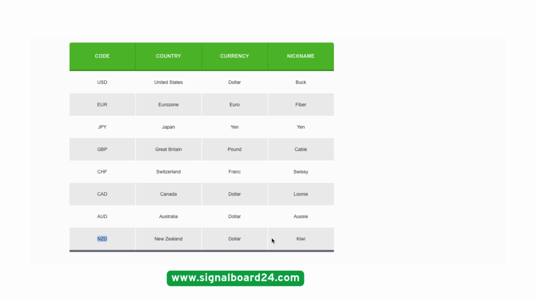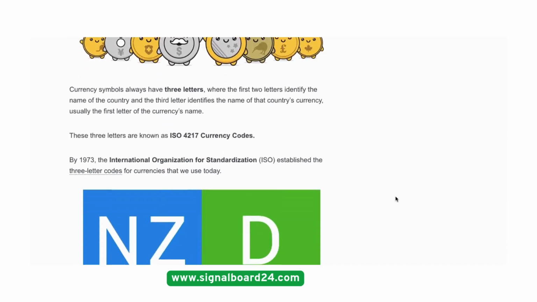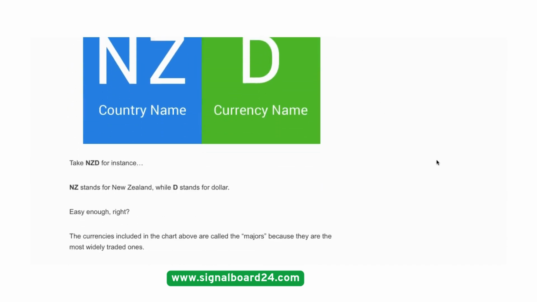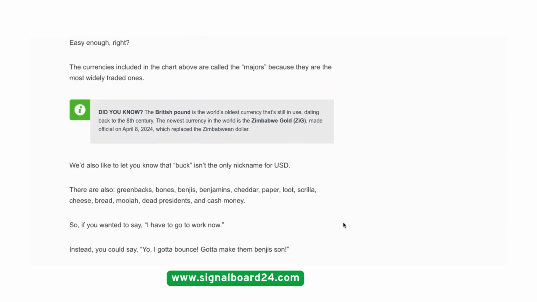The NZD is the New Zealand dollar, which is called the Kiwi. And you have the USD, the US dollar. These are the ways we call them. The first letters tell the country name and then the currency name.